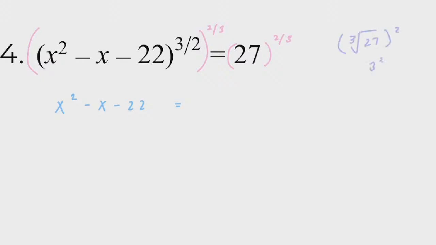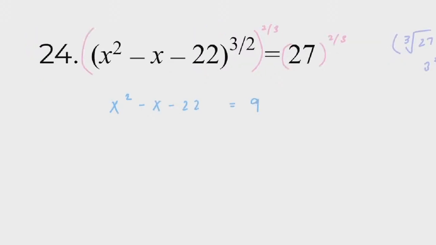So that's 3 squared, which is 9. So we have 9 on this side. Then we want to subtract 9 on both sides. And we get x squared minus x minus 31 equals 0.